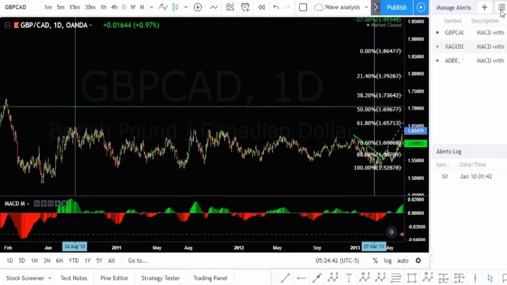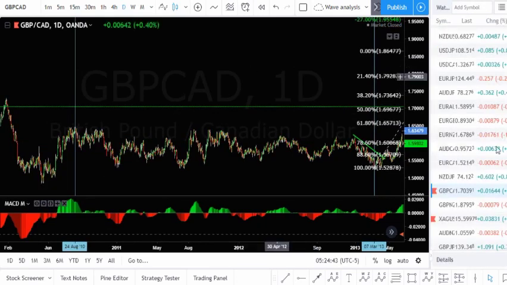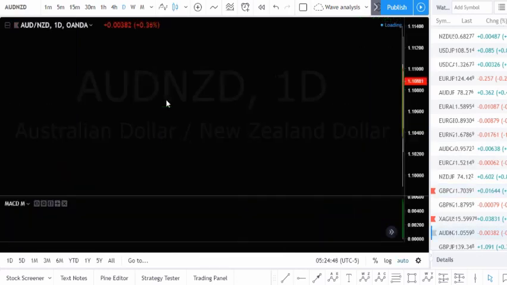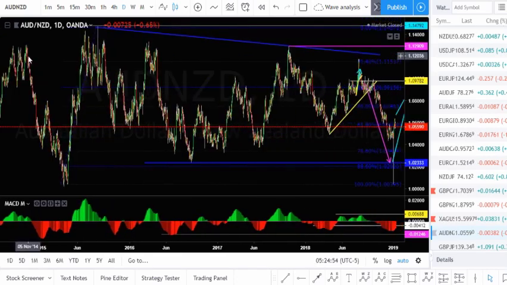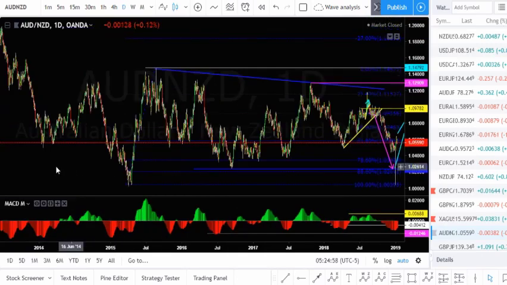And we actually have this on the AUD, if I'm not mistaken, New Zealand dollar currently. Let me just show you here. And this actually did exactly what we thought it was going to do.